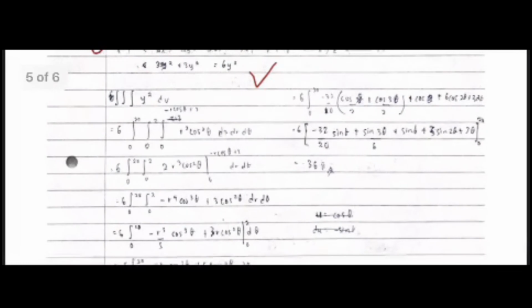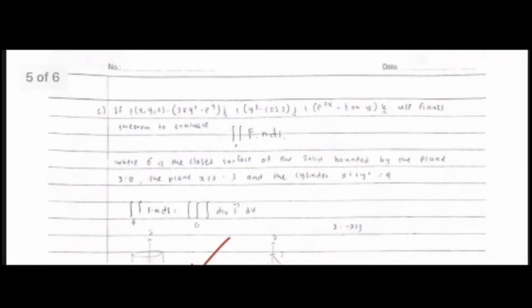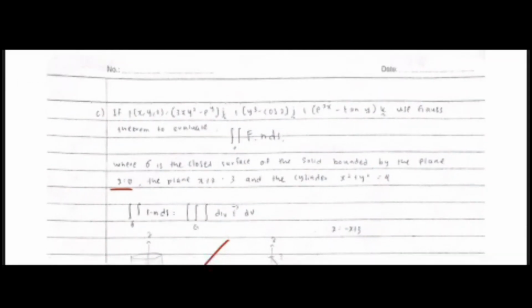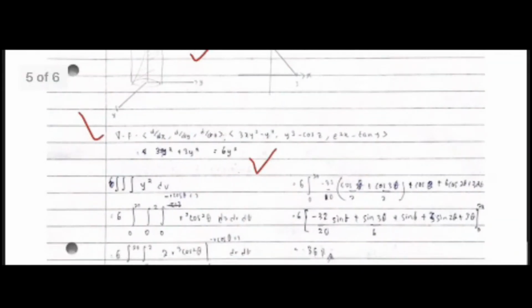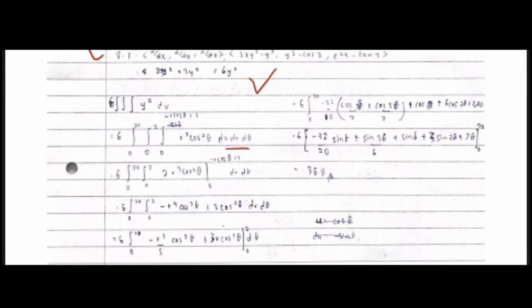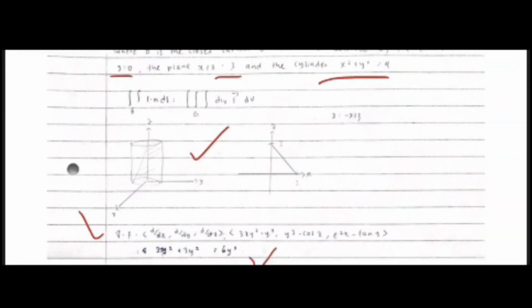So for the limit of z, we get from the equation z equal to 0 and z equal to 3 minus x. Since we have changed it to dr d theta, we need to change the limit for z too, so it will be negative r cos theta plus 3. And for the limit of r, it is from 0 to 2, also from the equation of this cylinder where x square plus y square is equal to 4.